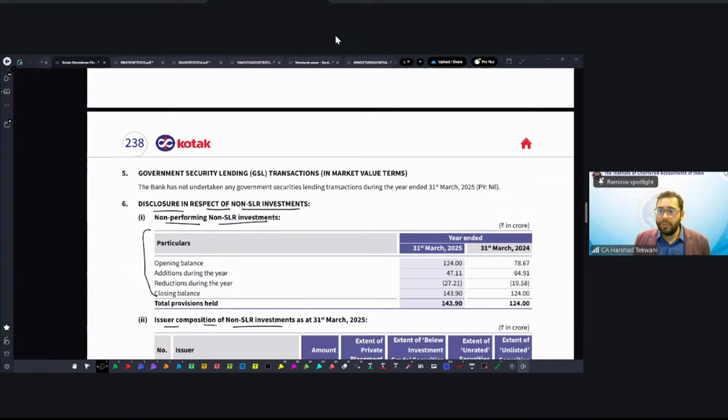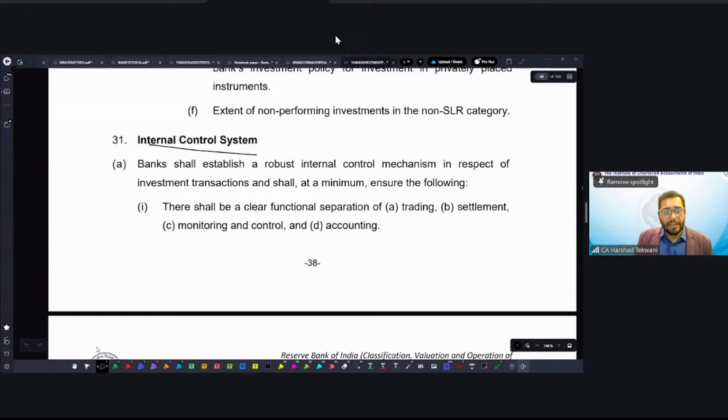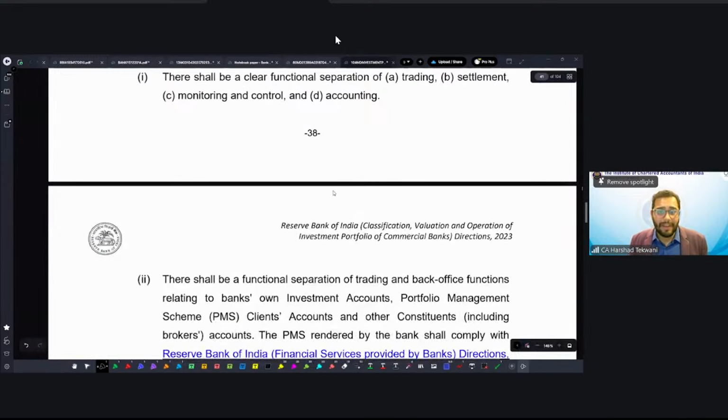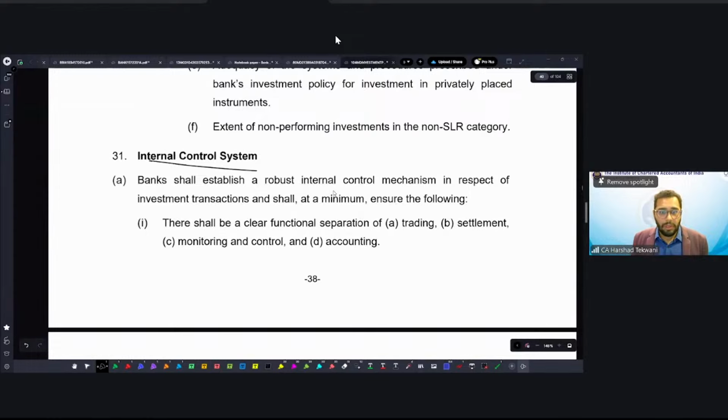If I just show you, this is the internal control system, which at minimum is specified for the bank in respect of investment transactions, which should clearly specify trading, settlement, monitoring and control, and accounting related transactions.